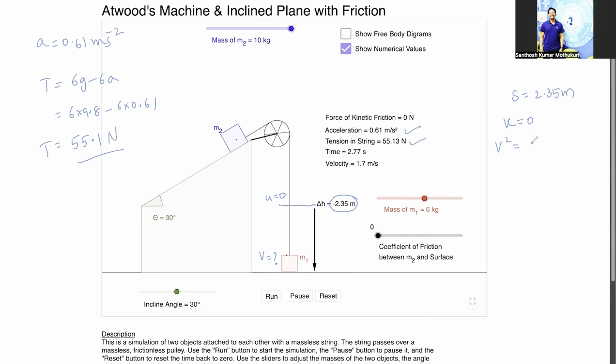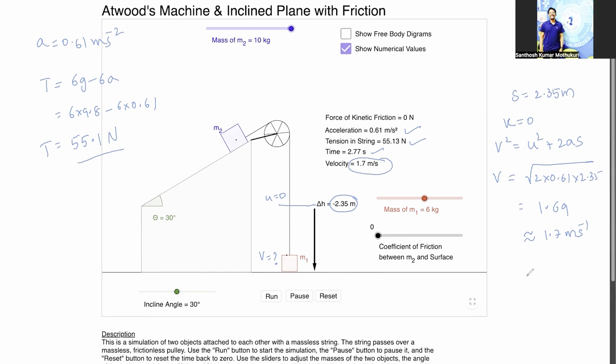We'll go with v squared is equal to u squared plus 2as, because acceleration is known to us. So v is going to be the root of 2 into 0.61 times 2.35. You will get 1.693. So you might take it as 1.7 meter per second, which is exactly matching with this.